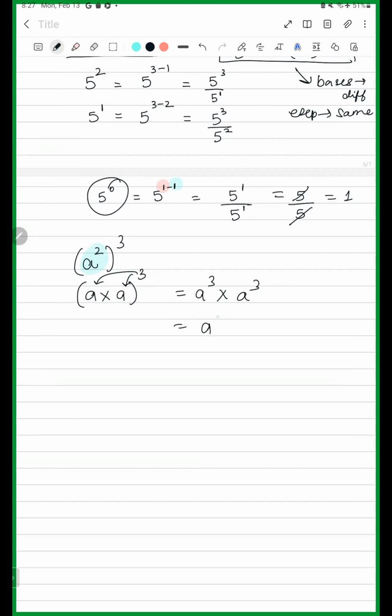A to the power 6. है ना? 3 plus 3 is 6. So if you have any base to the power m, this whole thing to the power n, then this will give you the base to the power mn. mn क्योंकि यहाँ पे 2 into 3 हो रहा है 6. ठीक है? m multiplied by n.